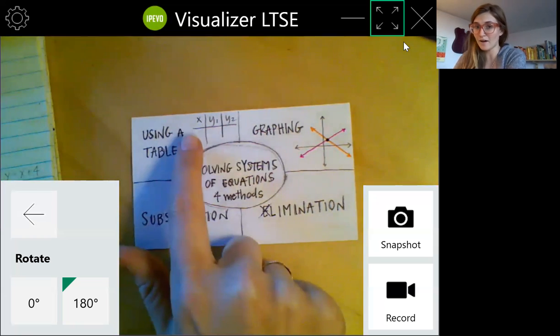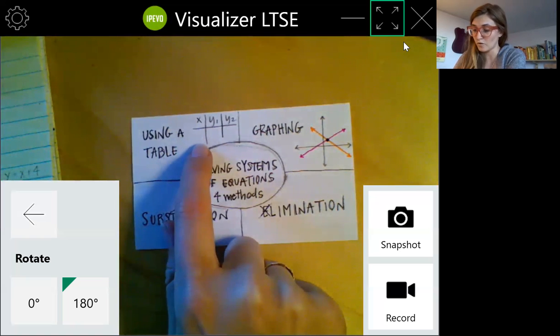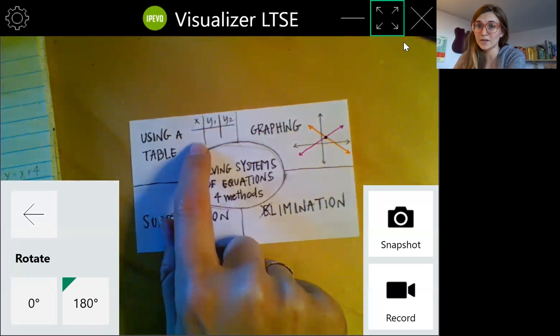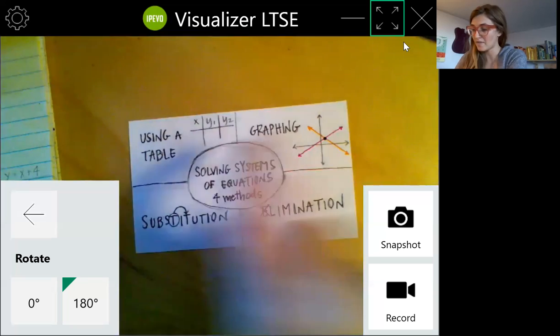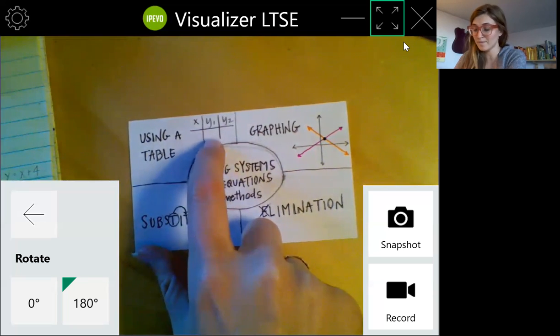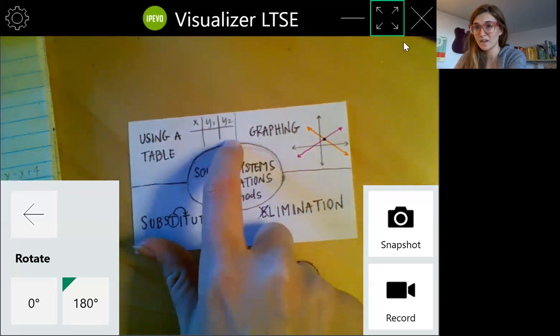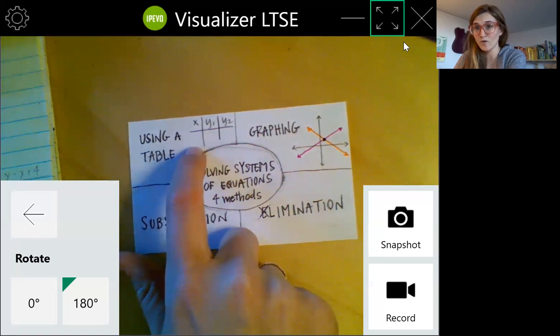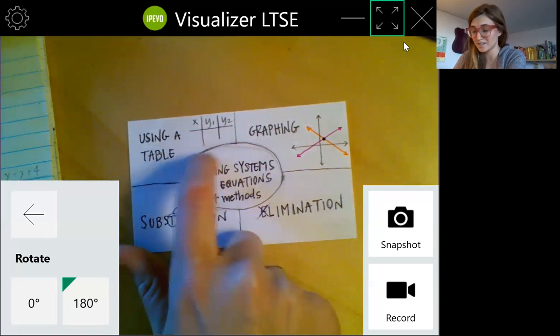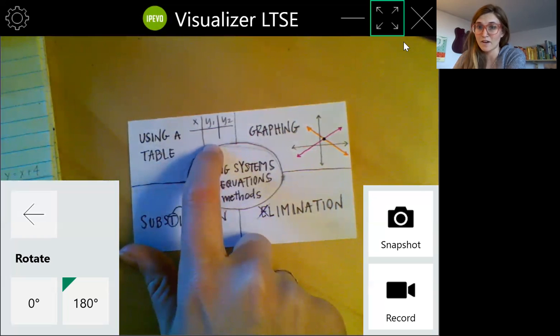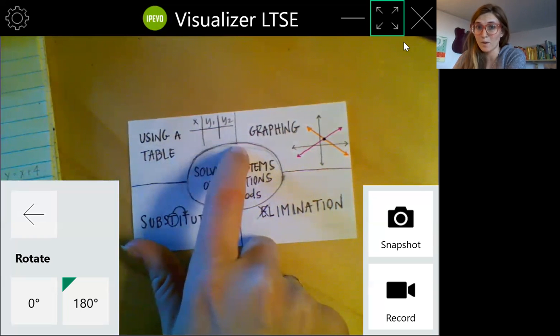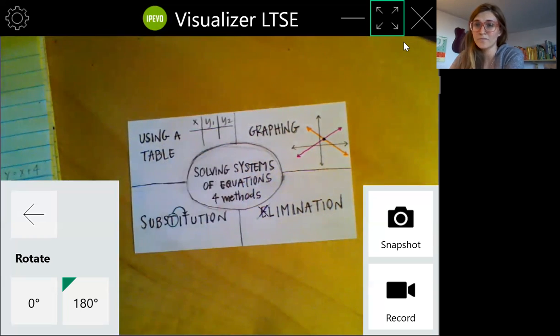So where we would have, for example, if I had 0 in here for x, and then for both equation 1 and equation 2, a value of 0 for x produces, let's say, a value of 1 for y1 and y2, then that would mean that that's a solution to that system.